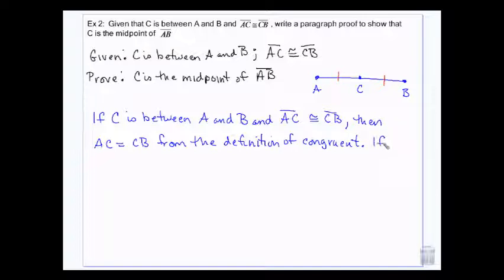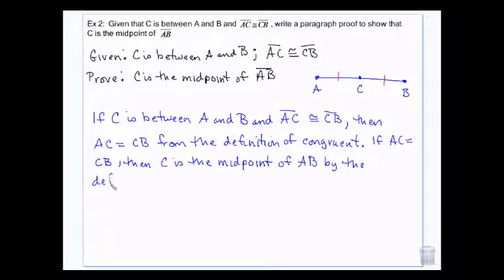Okay, and then I can say if AC equals CB, then C is the midpoint of AB by the definition of midpoint. Okay, statement, C is the midpoint, reason, definition of midpoint.